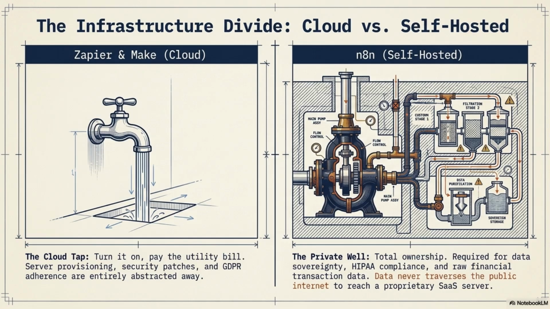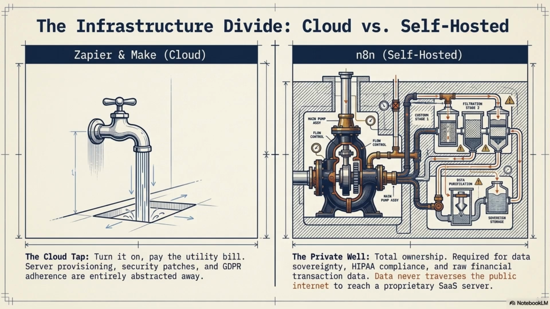But self-hosting n8n is like digging your own well and building your own municipal filtration plant on your property. I mean, you have total ownership of the water, but you also have to maintain the pumps. Right. And the reason enterprises are willing to dig that well is data sovereignty. The security. Exactly. A healthcare provider bound by HIPAA regulations or a financial institution handling raw transaction data, they often have strict compliance requirements preventing them from sending sensitive information through a third-party managed cloud like Zapier.